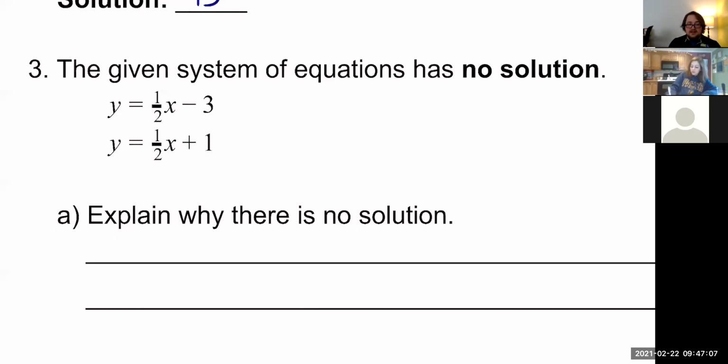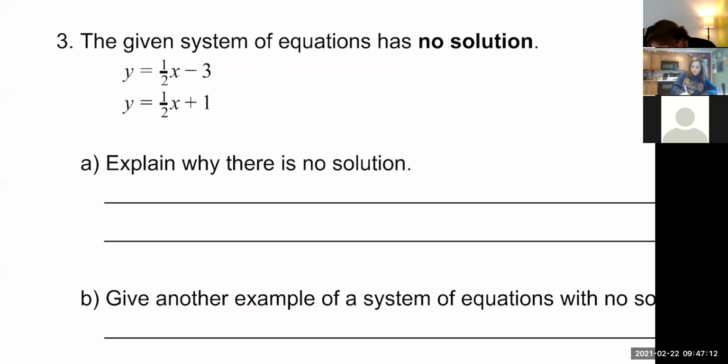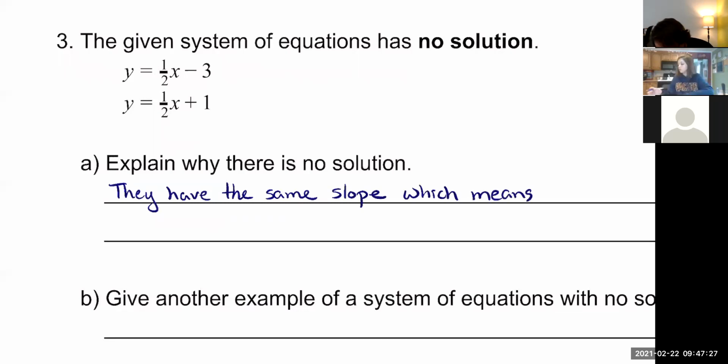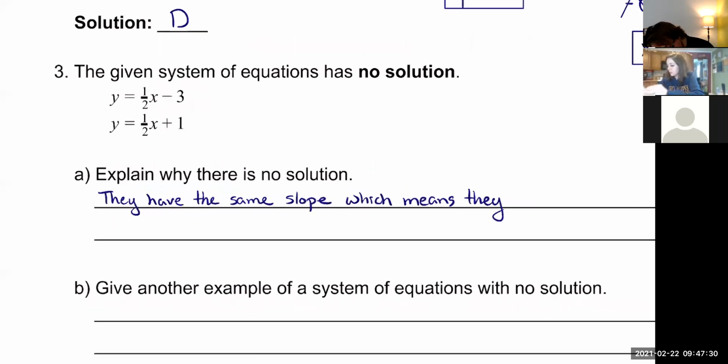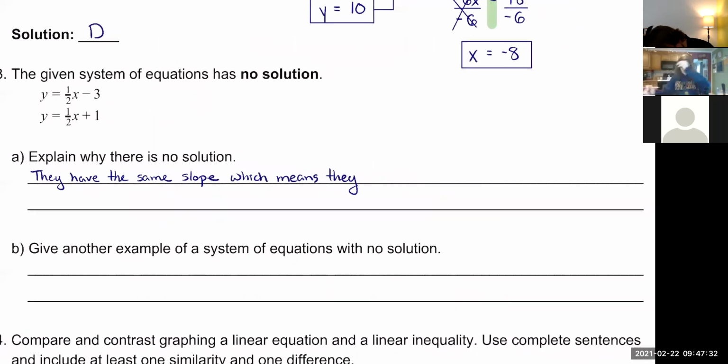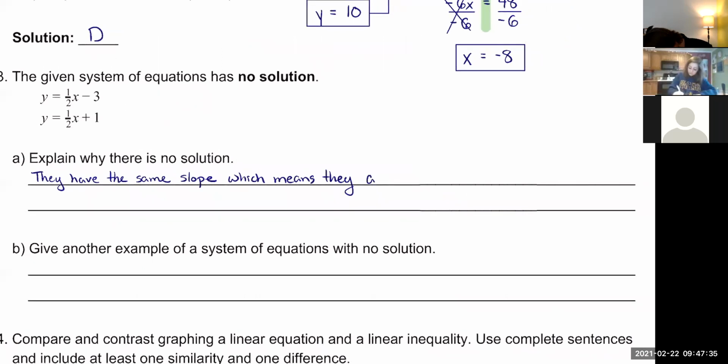So really, I don't think we can get any more specific than that. So if I was to write this out, I would say they have the same slope, which means they are parallel lines. Let me zoom out here just a little bit. So that's my first sentence.